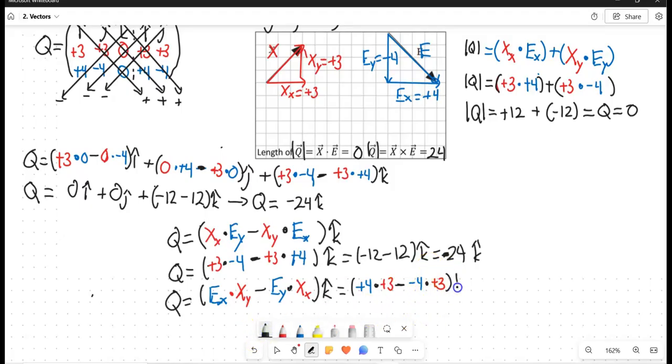And so this is k hat. So Q is going to be equal to positive 12 minus a negative 4 times 3, so minus a negative 12, which is going to be a positive 12 k hat. So this is going to be 24 k hat.